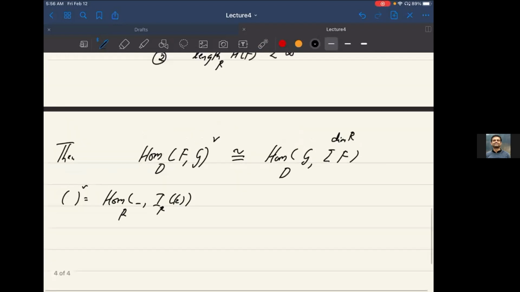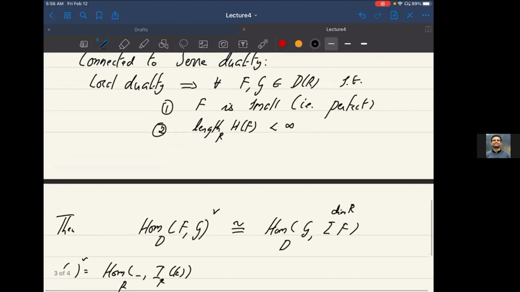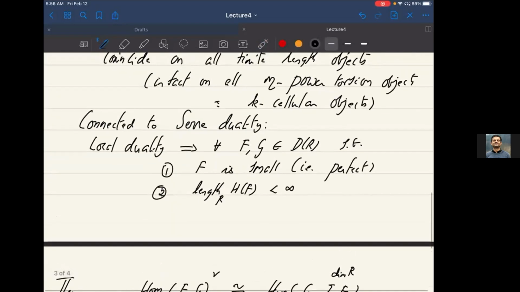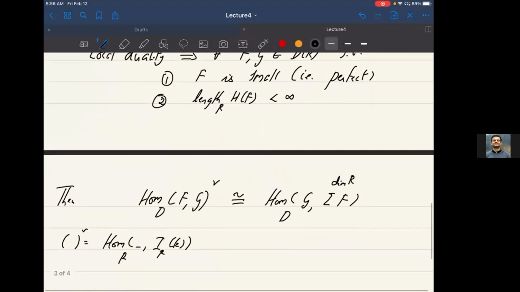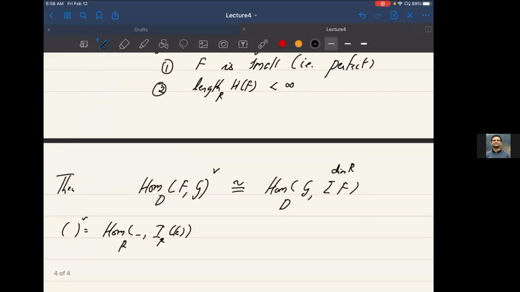If you're in the graded context, if R was a graded ring and you applied this to the maximal ideal, this is like looking at a projective variety and looking at the duality at the vertex of the affine cone. So this is closely connected with the classical Serre duality.